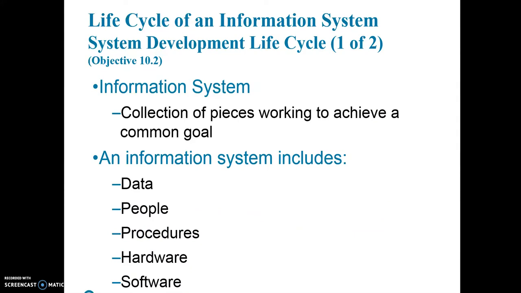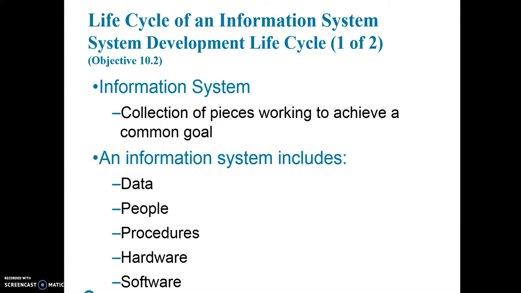So let's talk a little bit about something called the system development lifecycle, or your SDLC. Generally speaking, a system is a collection of pieces that are working together to achieve a common goal. Take your body, for example. Your body is a system of muscles, organs, and other groups of cells that are all working together.